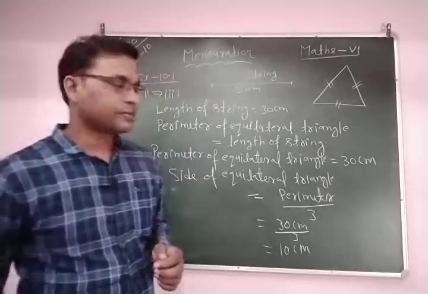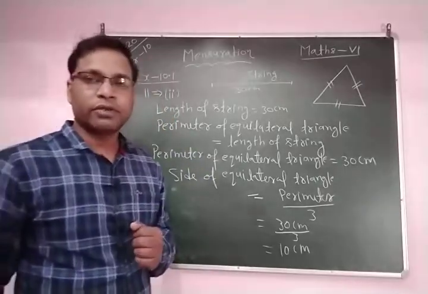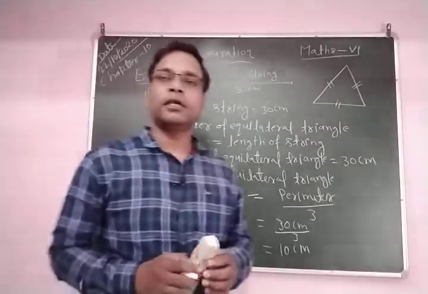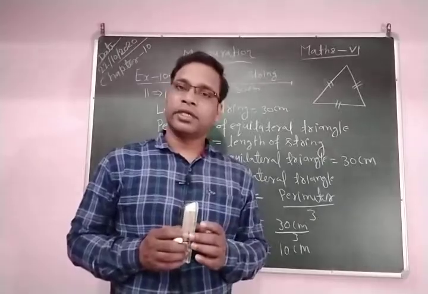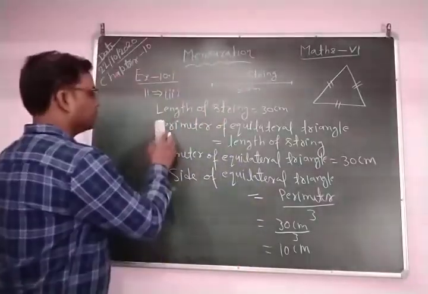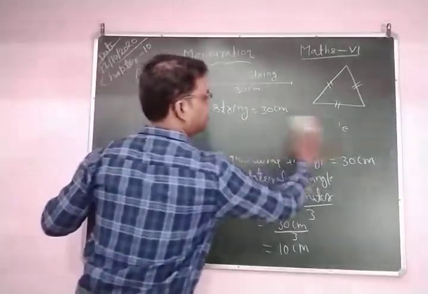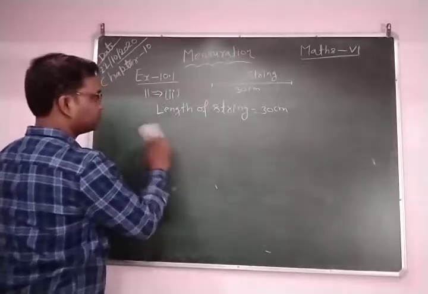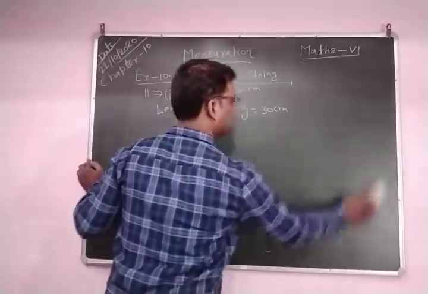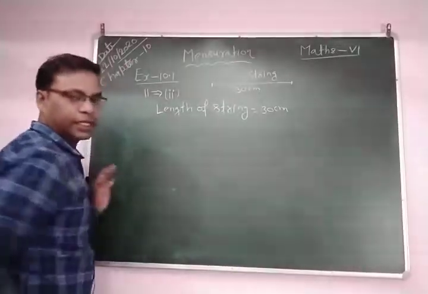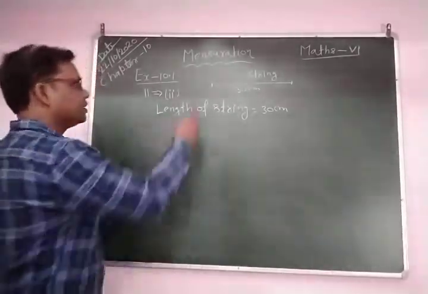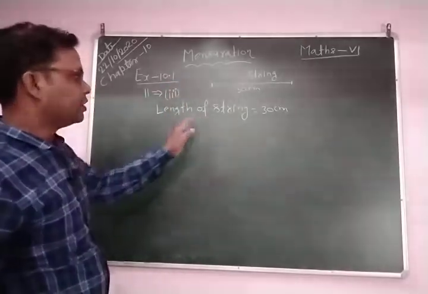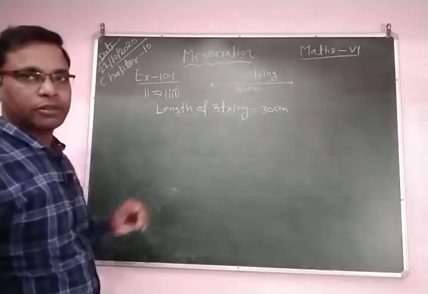Students, you know very well that a regular hexagon has 6 sides, and all sides are equal. This regular hexagon is made by the given string, so the length of the string is 30 centimeters in the third part of question number 11.